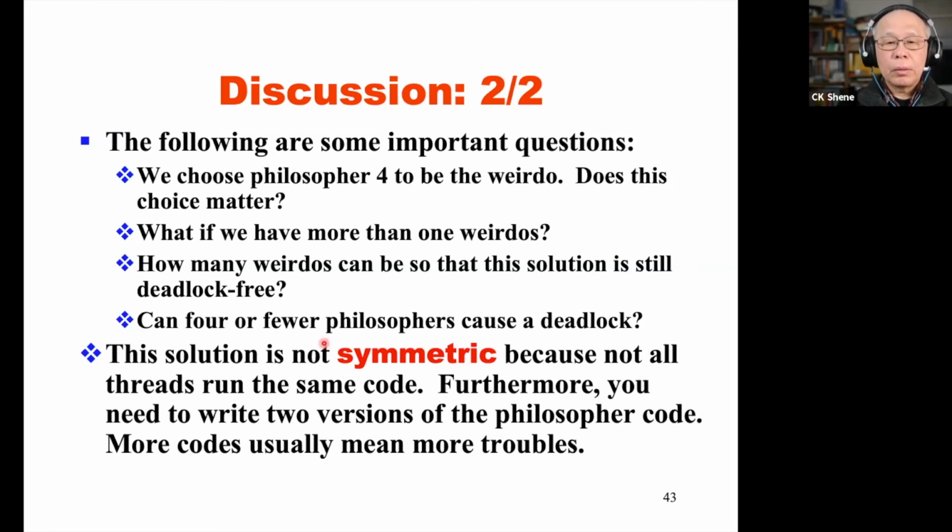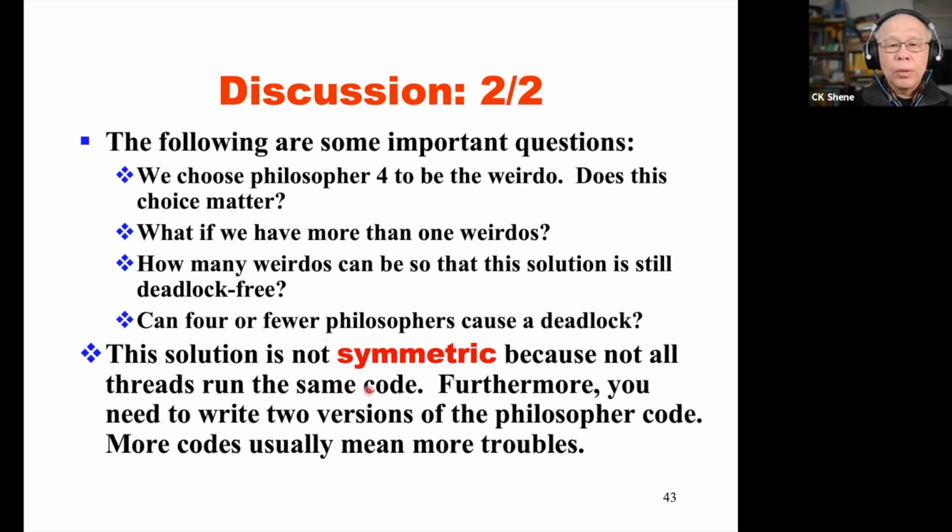That is, we only allow 4, 3, or 2, or even 1 philosopher to sit down. Can deadlock occur? We will use this concept for our next discussion of the solution to this philosopher problem.